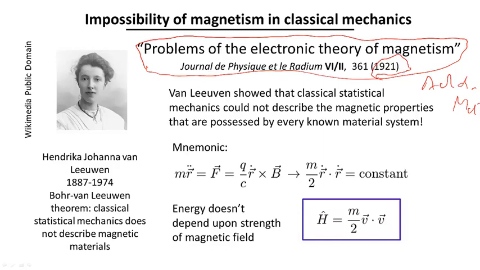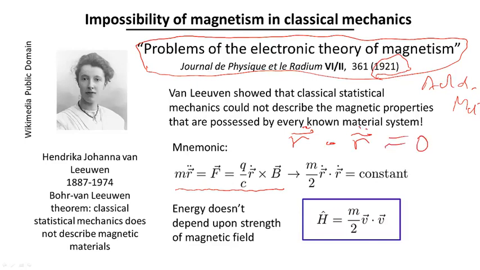Here's a mnemonic device for remembering why such a result might exist. It's the Lorentz equation for the motion of a classical charged particle. And so you see the acceleration is perpendicular to the velocity. So the acceleration r double dot is proportional to r dot cross B. So this means that r dot dot r dot is equal to 0.